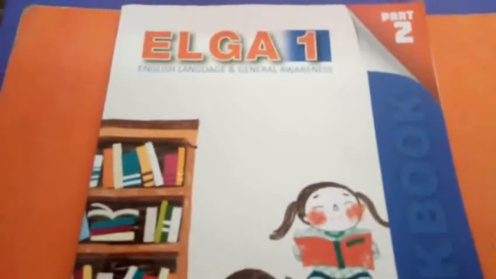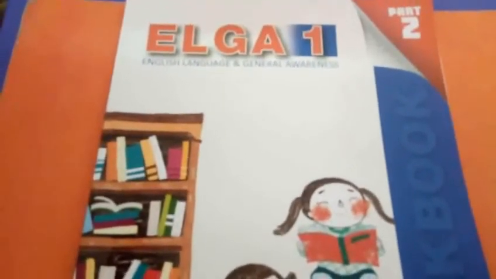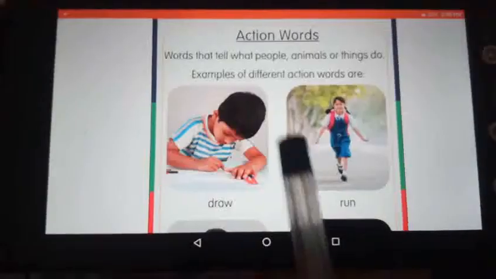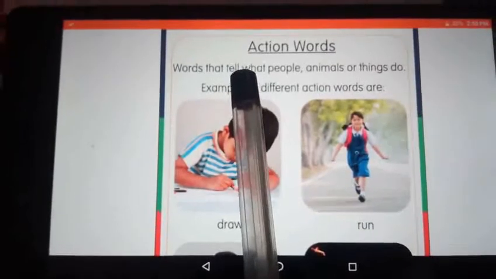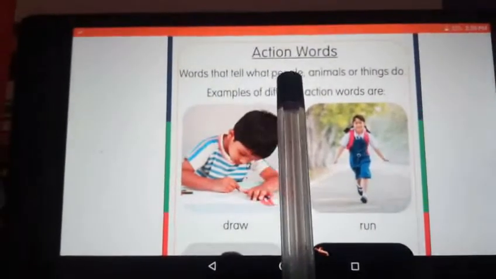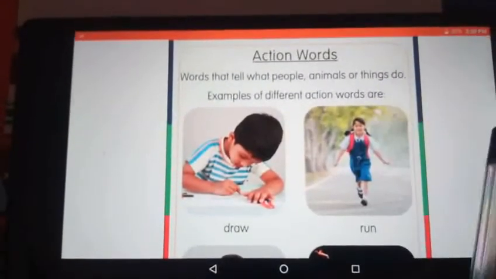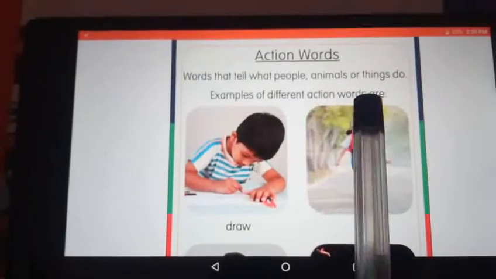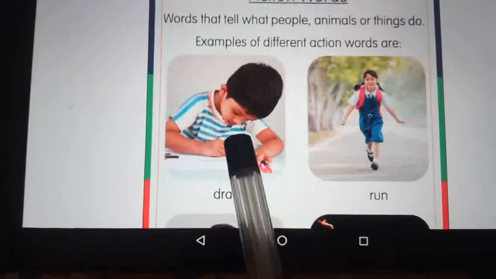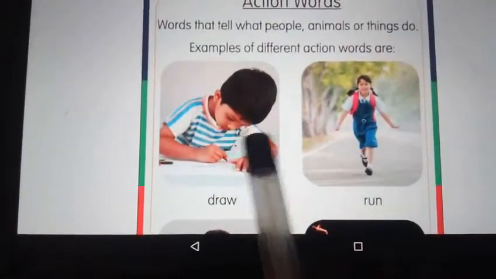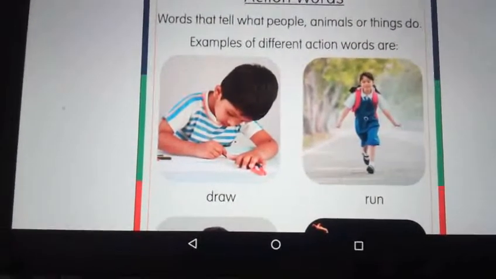Now I will show you one CRP. You listen carefully. Action words are words that tell us what people, animals or things do. Examples of different action words: see this, what is this boy doing? Draw. Then here, run.